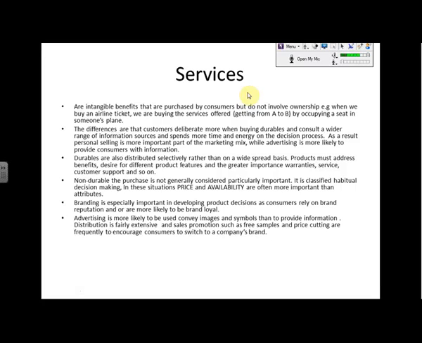Branding is especially important in developing product decisions, as customers rely on brand reputation and are more likely to be brand loyal. Advertising is more likely to be used to convey images and symbols than to provide information. Distribution is fairly extensive, and sales promotion such as free samples and price cutting are frequently used to encourage consumers to switch to a company's brand.